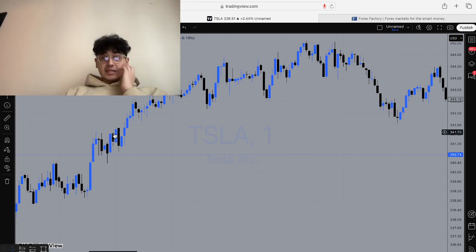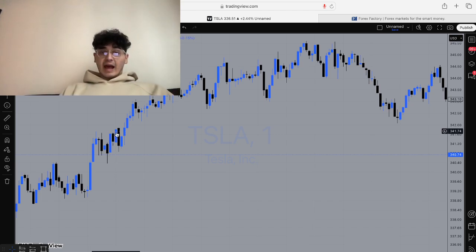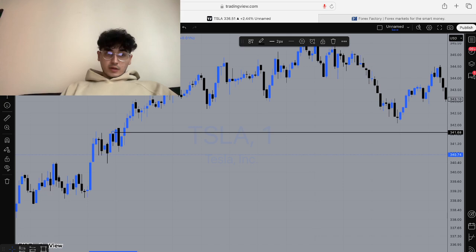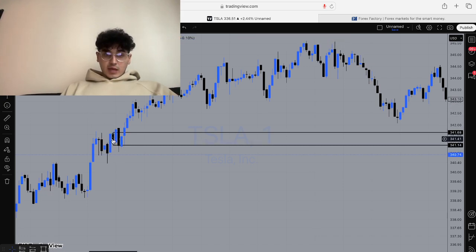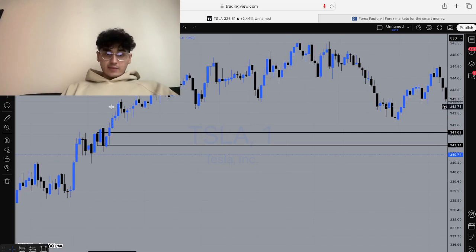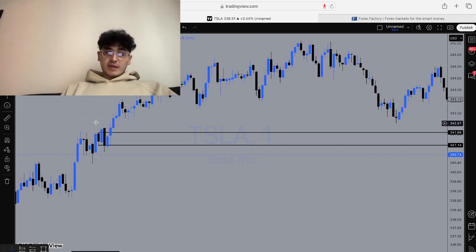You can see that these candles are all overlapping on each other, meaning there's no significant space between them. So if I were to draw out a horizontal ray on top of here, and then another horizontal ray below here, you can see that this candle, this candle, this candle, this candle, and this candle don't have any space within each other. They're all overlapping, right?